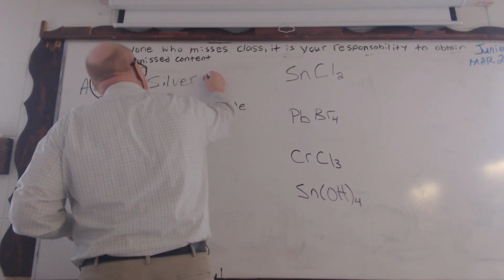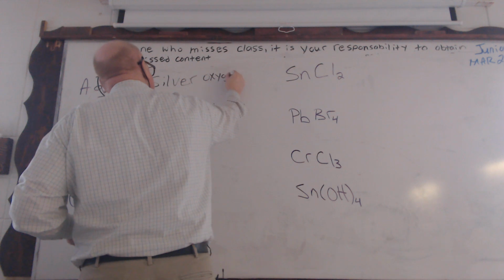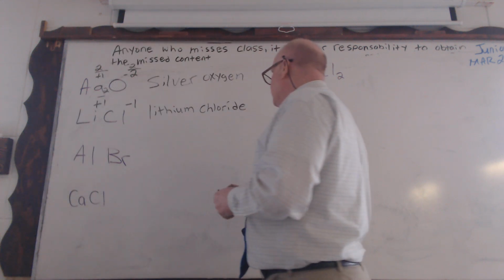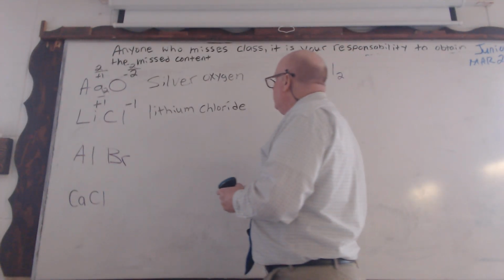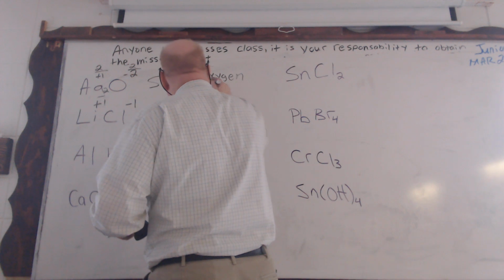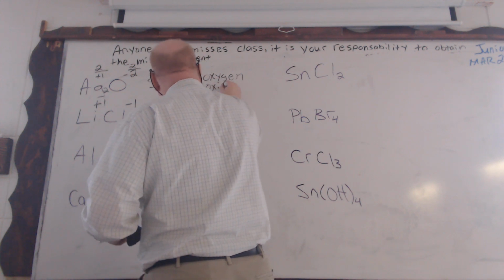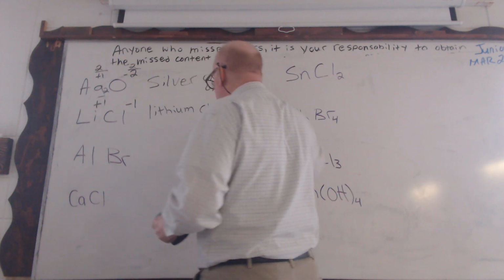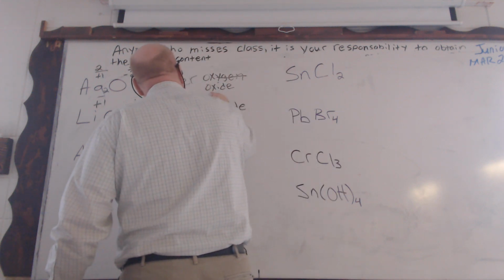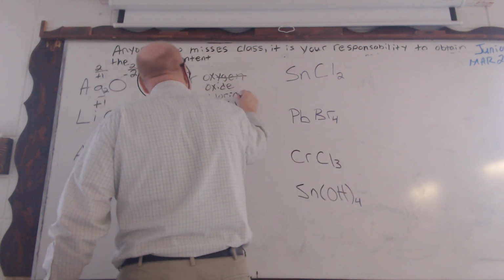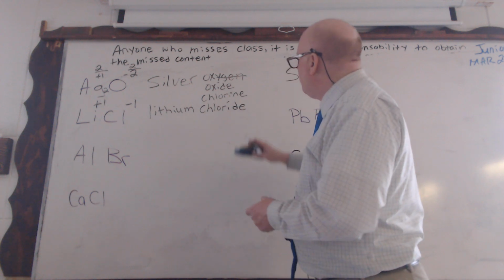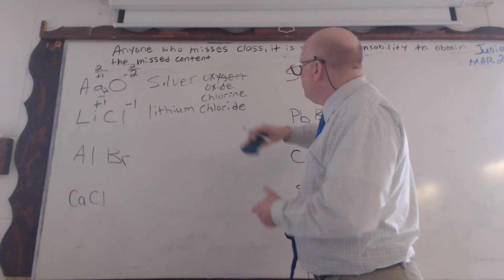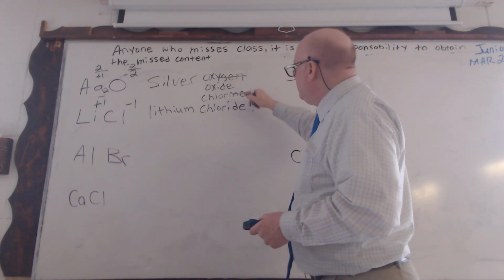Notice we don't say this. Okay? It's not silver oxygen. You drop the suffix in silver oxide. Okay? So that's how we arrive at that. We don't say lithium chlorine. We drop these 2 letters and then we say lithium chloride.